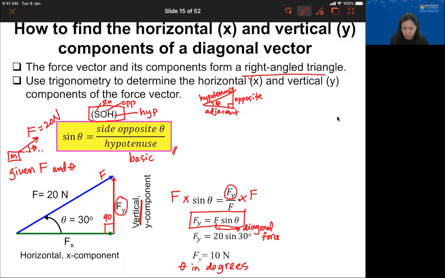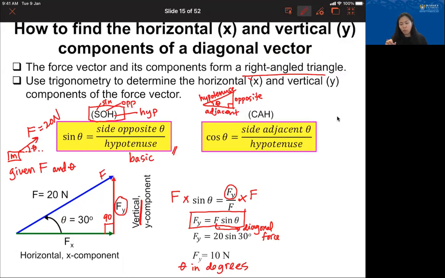It's 10 newtons. Now to get the horizontal component, there is another basic trigonometric equation that relates the angle to the adjacent side of a right angled triangle. The basic trigonometric relationship is given here. Cosine theta is equal to the side adjacent to the angle divided by the hypotenuse.